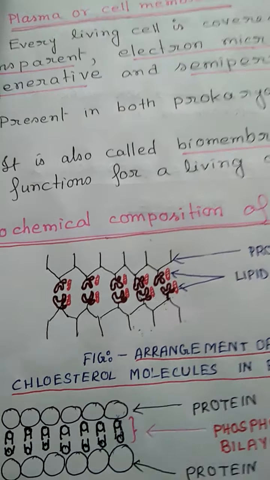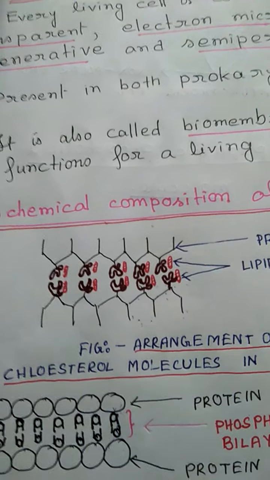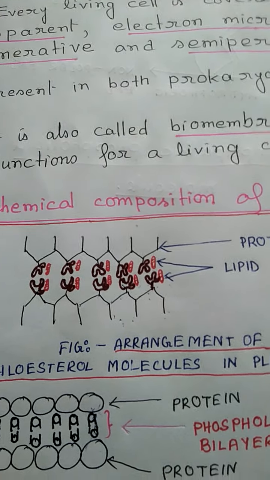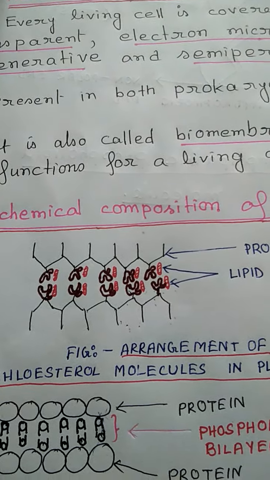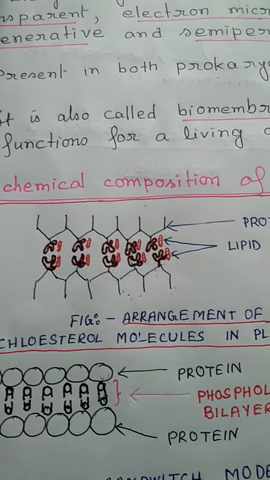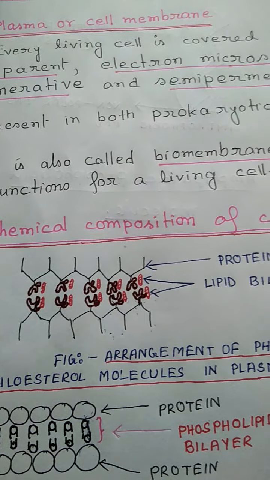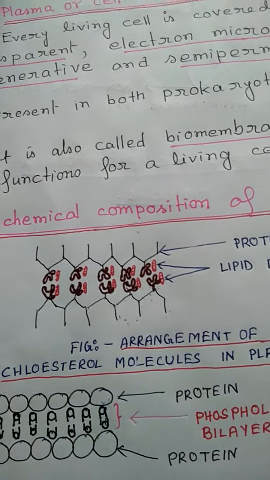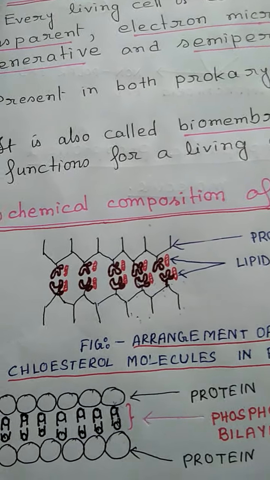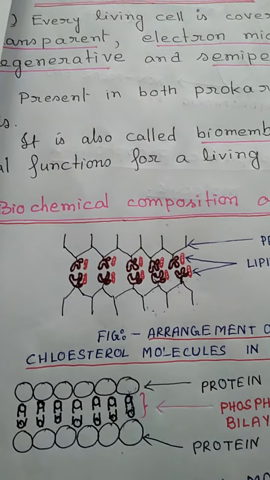Next, membrane-bound proteins are of two types: peripheral proteins and integral proteins. These are loosely attached, or they are partially or completely embedded. They form the backbone of the membrane.